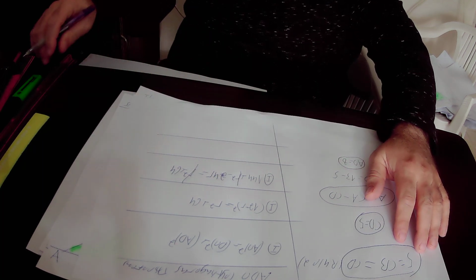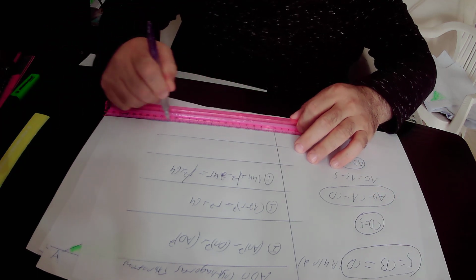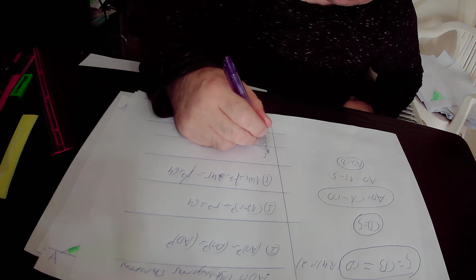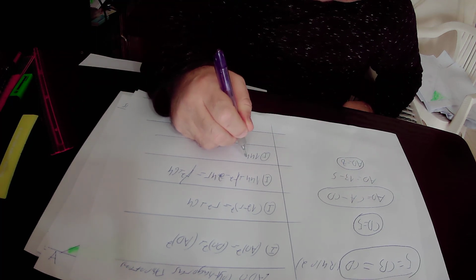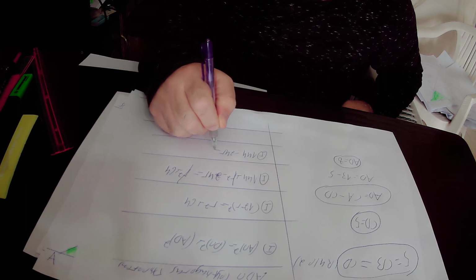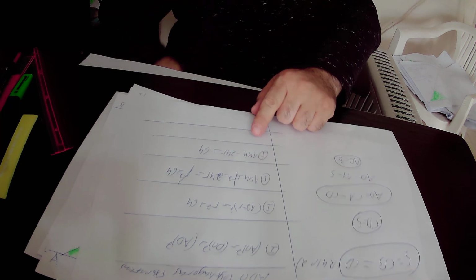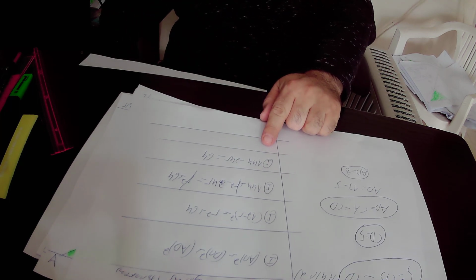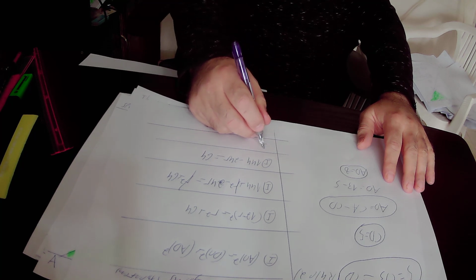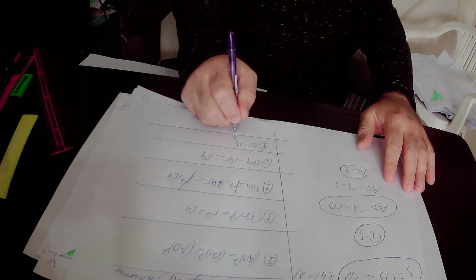And what is left from equation number 1 after we cancelled R squared is 144 minus 24R equals 64. Here we will subtract 64 from this equation, and we will get that 144 minus 64 is 80, minus 24R equals 0.